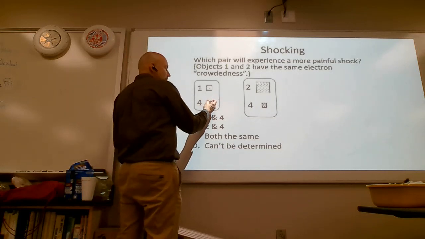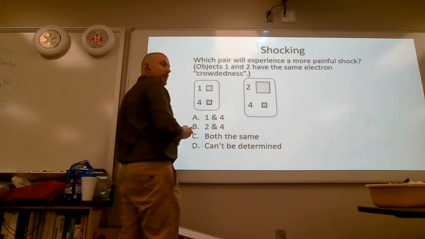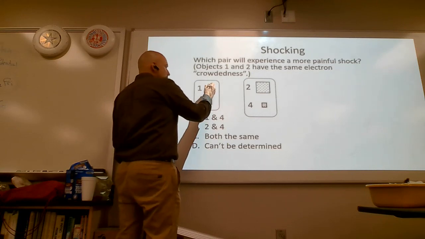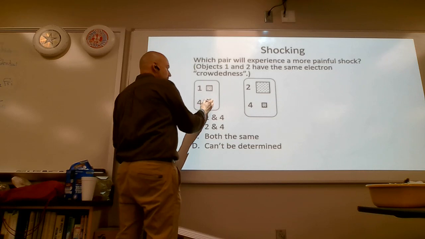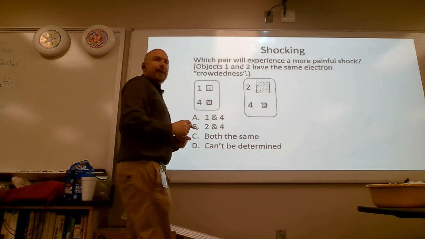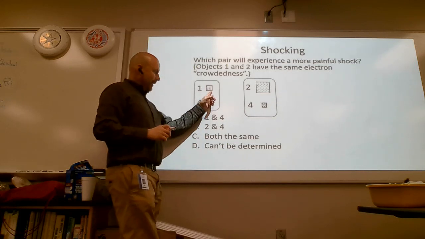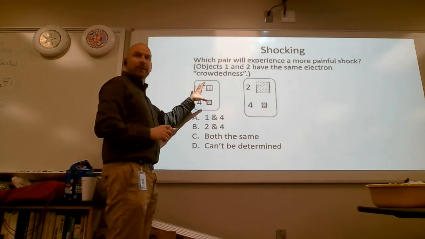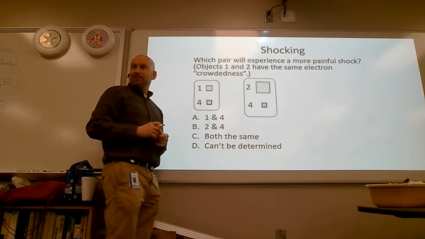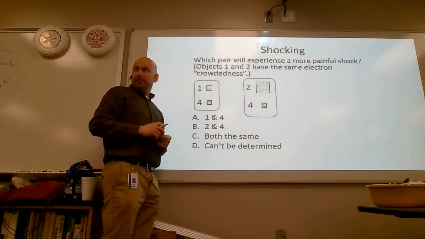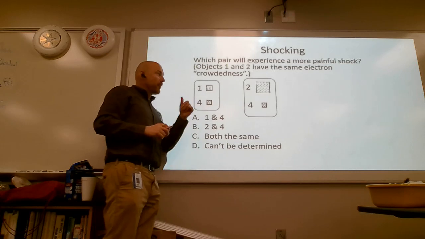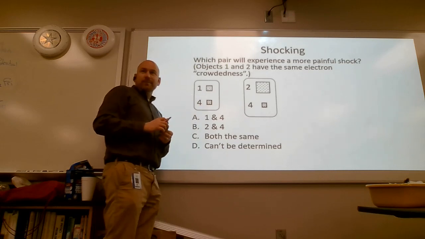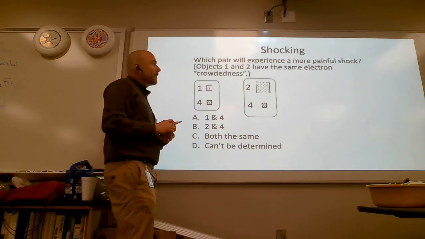So one electron jumps over, another one jumps over, another one jumps over, another one jumps over. At that point, I would think that those two places would look the same crowdedness. You okay with that? So at that point, they're done transferring.